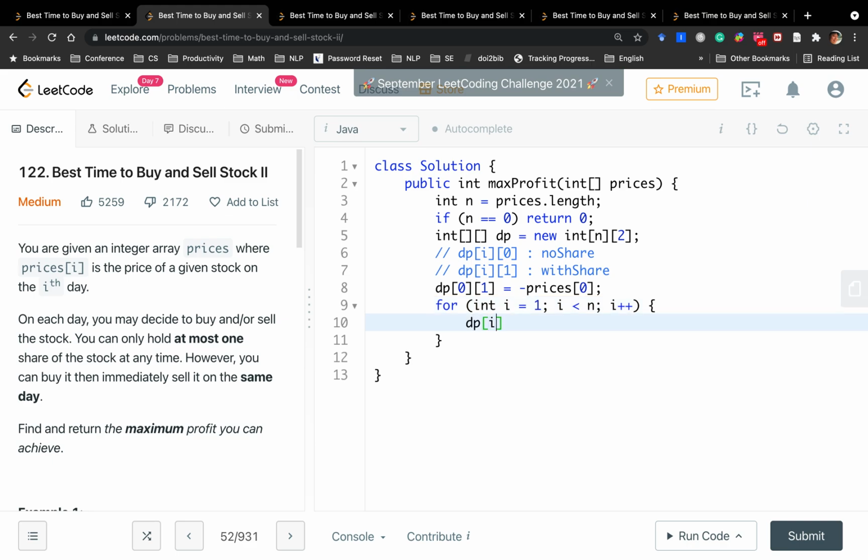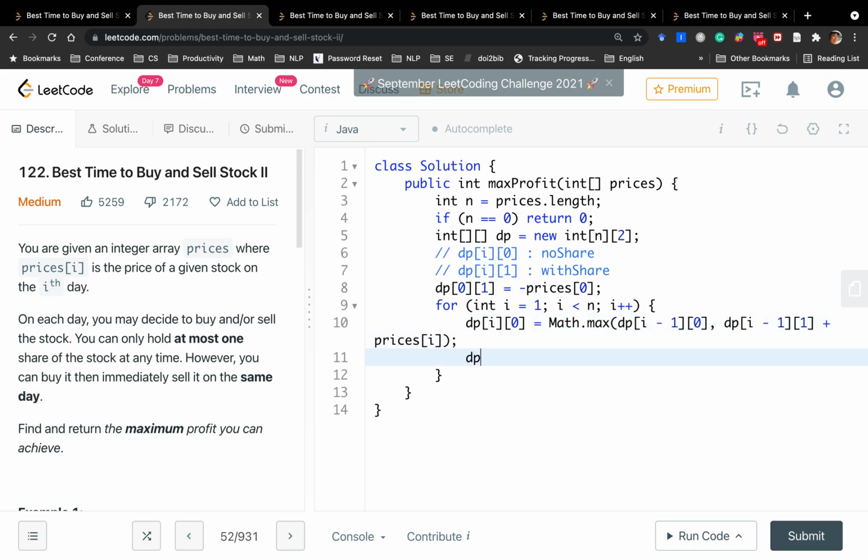So that's 0. Okay, if the possibility is that yesterday we don't have a share either, or yesterday we have one and today we sell it, we will make a profit today, so we add today's price.